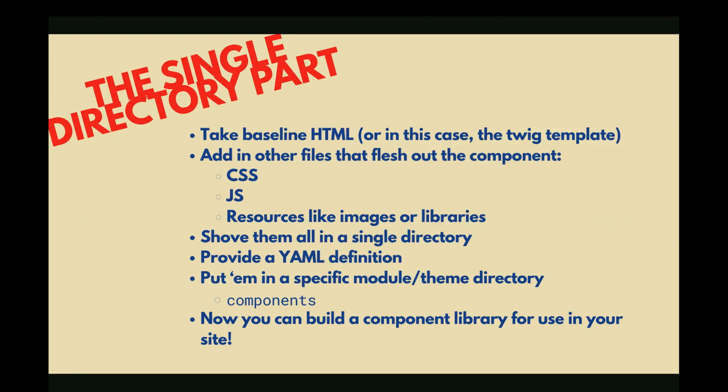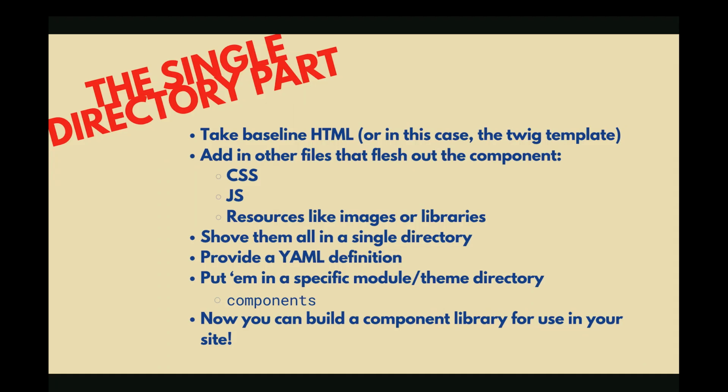The single directory part. So the idea is you take your baseline HTML, or in this case on Drupal, the twig template. You add in some other files to flesh out the component, the CSS, the JavaScript, resources like images or libraries, shove all of that into a single directory. That's the name, single directory component. And then on top of that, required alongside the twig template is a YAML definition.